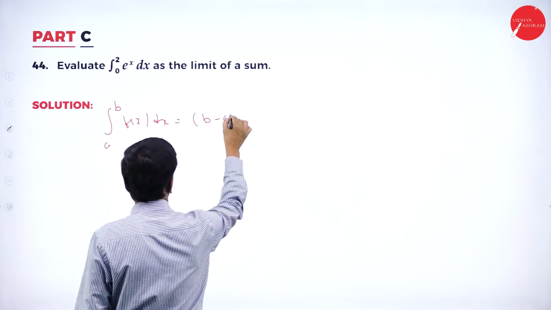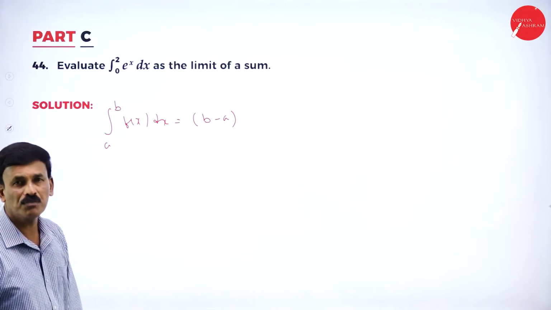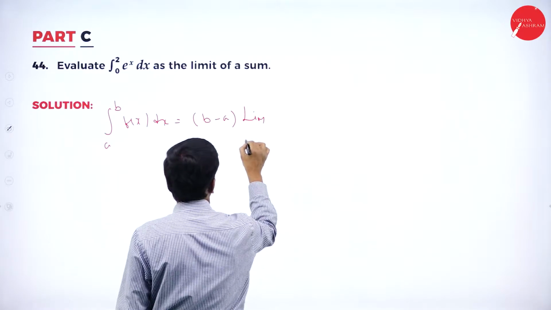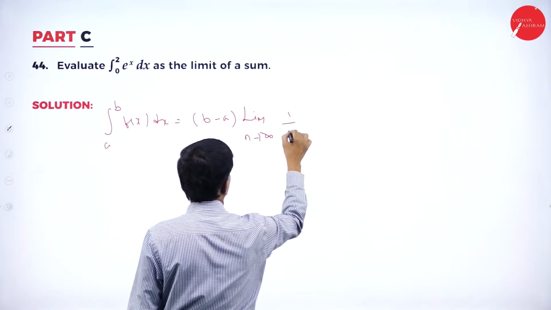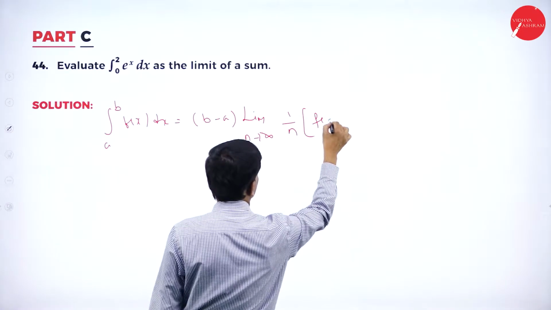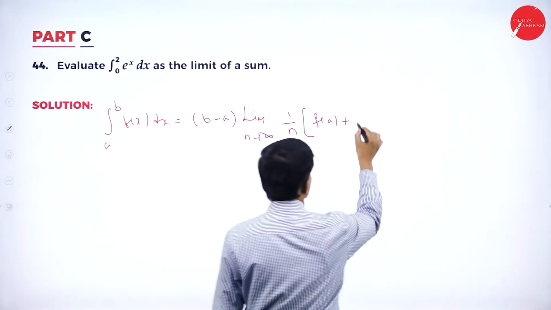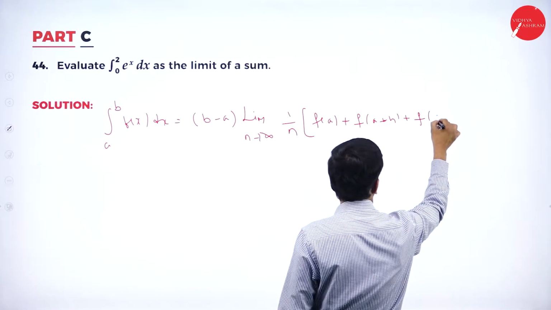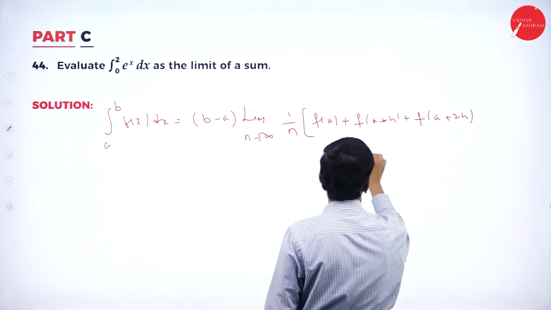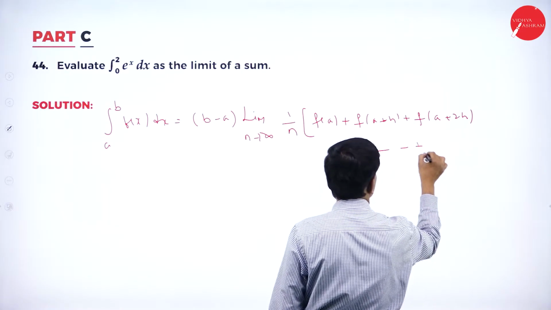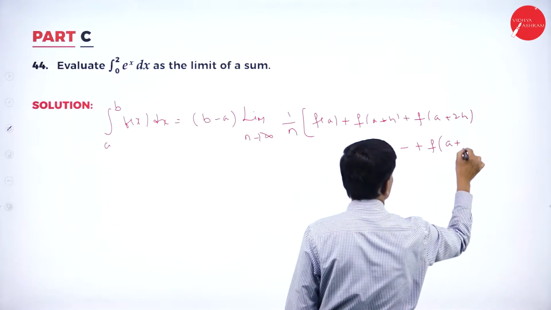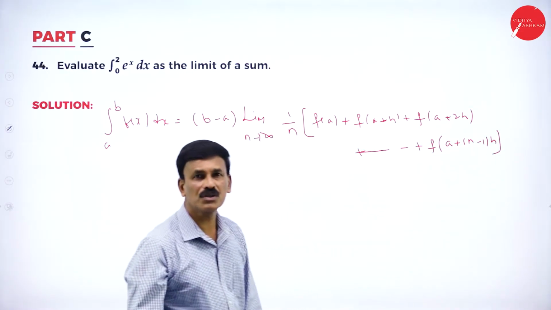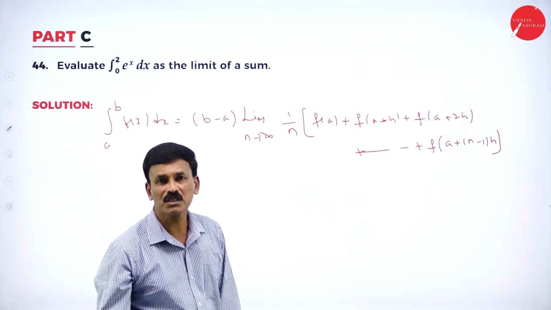This is b minus a, upper limit minus lower limit, into limit n tends to infinity of 1 over n into f of a plus f of a plus h plus f of a plus 2h, etcetera, plus f of a plus n minus 1 into h. This is the formula we are going to use to evaluate as the limit of a sum.